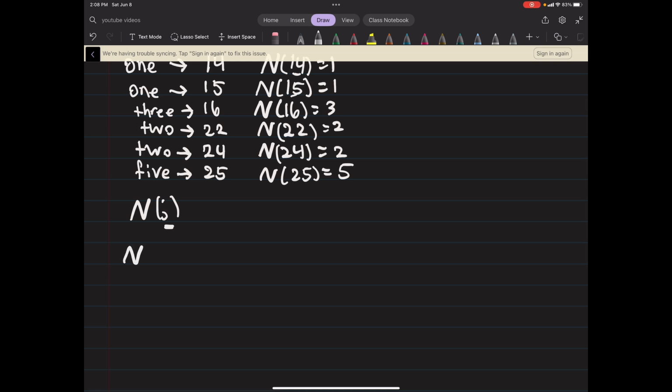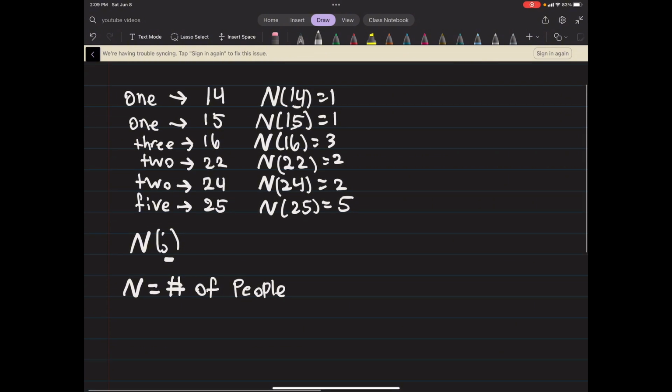N is going to be the number of people in the room. Obviously, if you wanted to know how many people were in the room, you could just add all the numbers up.